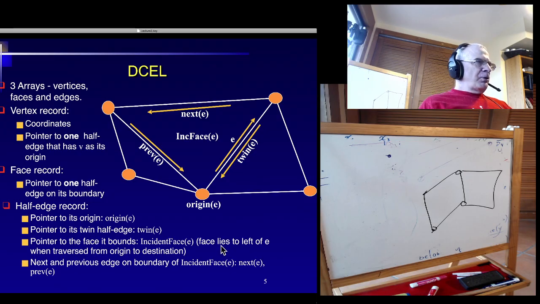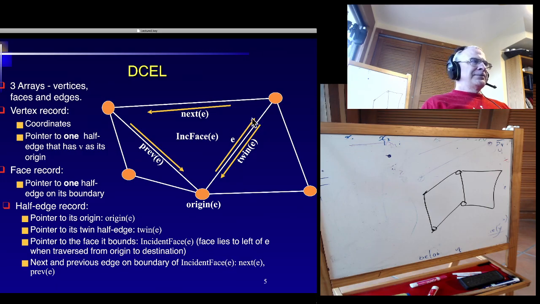Okay, so pointer to the face that it bounds, and it also needs to know what is the next, and you can also create a pointer to the previous half edges on the boundary of the very same face. So you know what is the next edge, maybe even the previous edge in the same boundary.